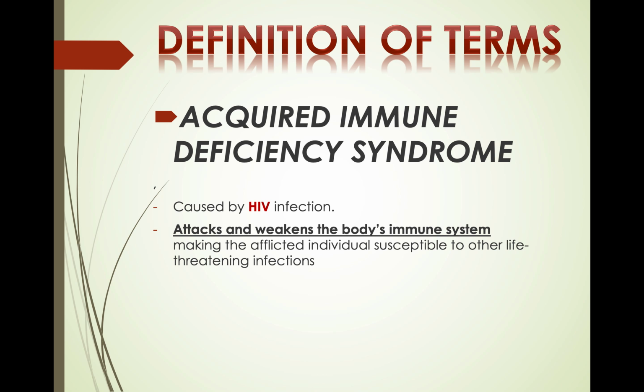So AIDS happens when your immune system is weakened and being attacked by foreign or opportunistic infections, making the afflicted individual more susceptible to other life-threatening infections. That's why most of the time, HIV/AIDS is just an underlying cause of death.